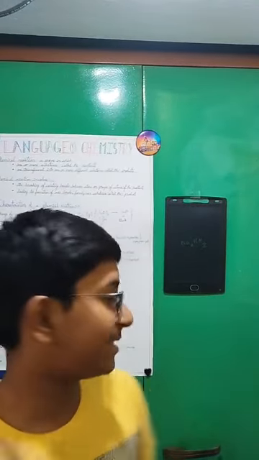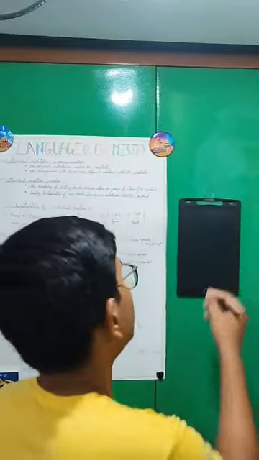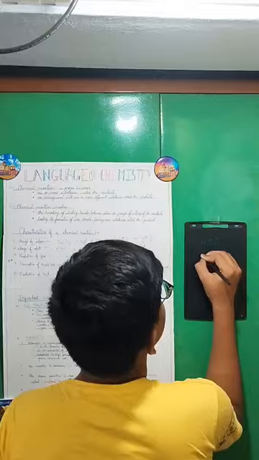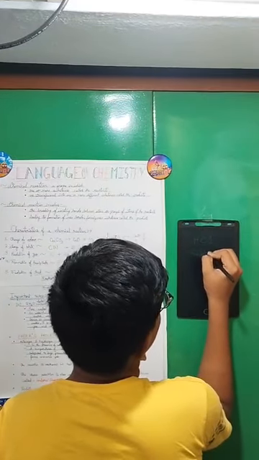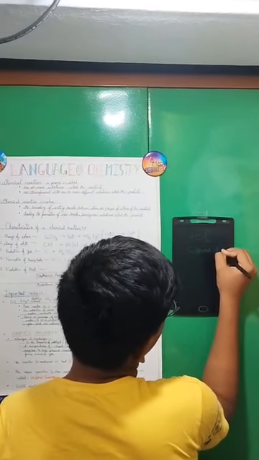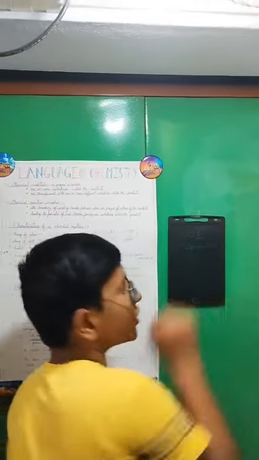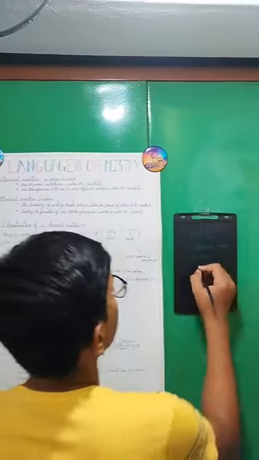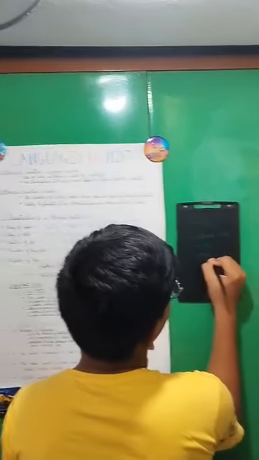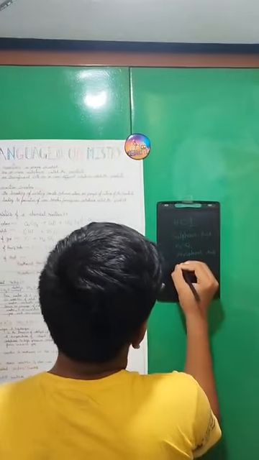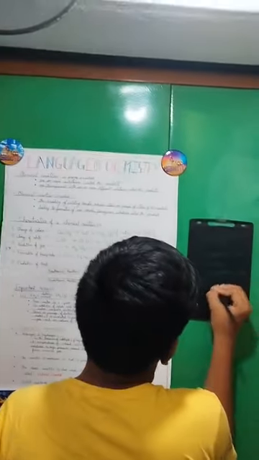Now acids. You know all acids, I know. Hydrochloric acid, sulfuric acid, that is H2SO4. This is hydrogen chloride or hydrochloric acid. Phosphoric acid, H3PO4.